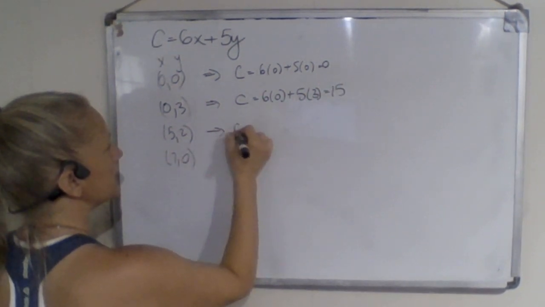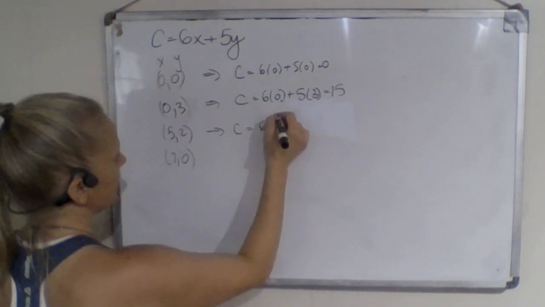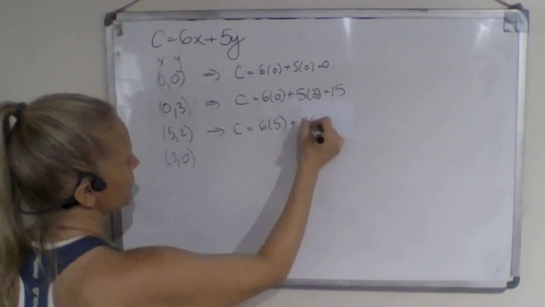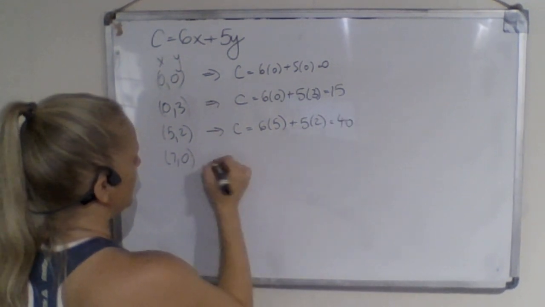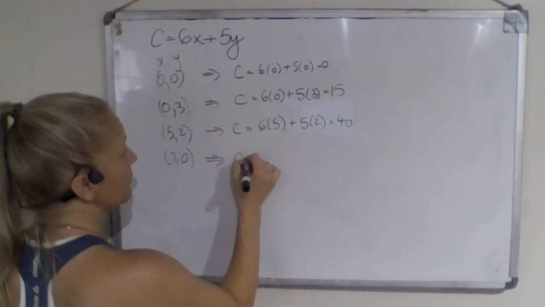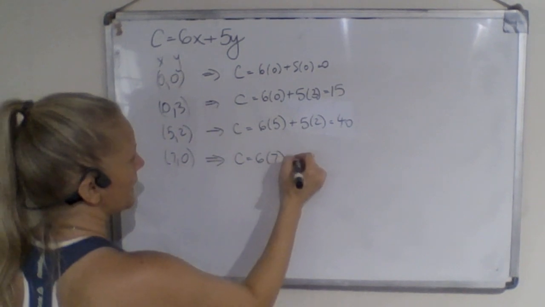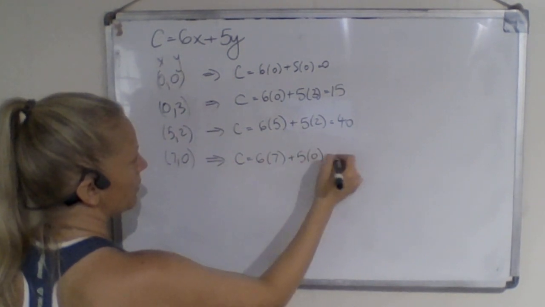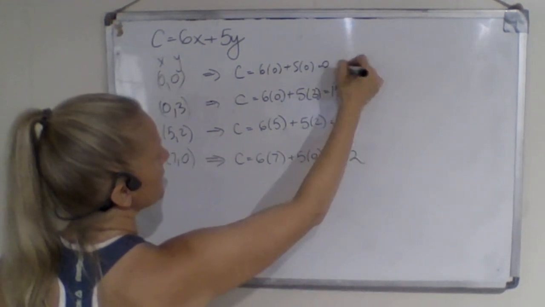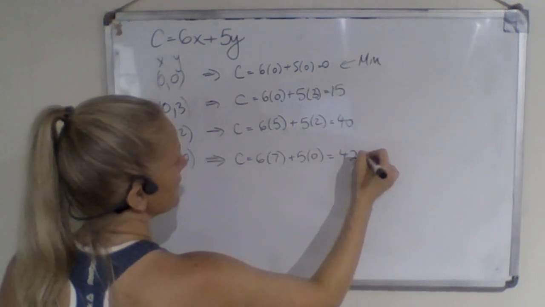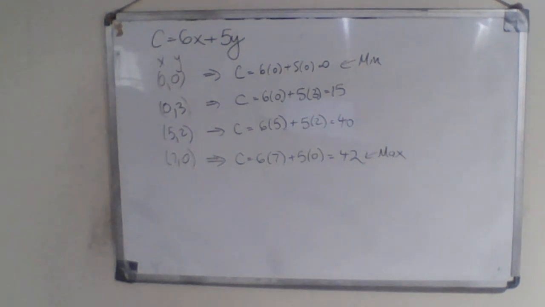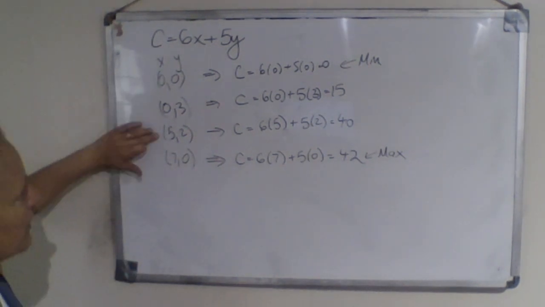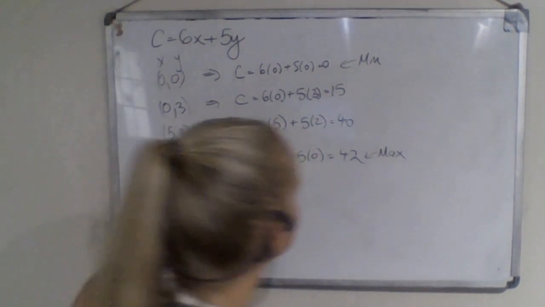For the third one, c equals 6 times 5, because x is 5, plus 5 times 2, because y is 2. 30 plus 10 equals 40. For the last one, c equals 6 times 7, plus 5 times 0, which is 42. This is your min. This is your max, right? That's how we found out the minimum and maximum. We plug in all of the very well-defined points and calculate.